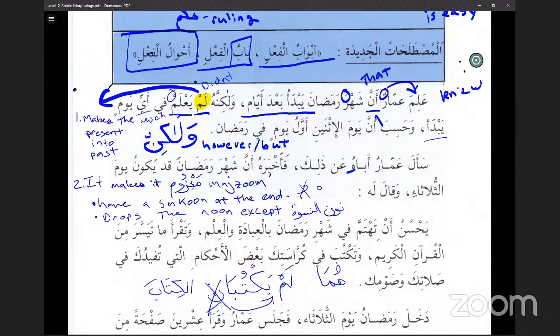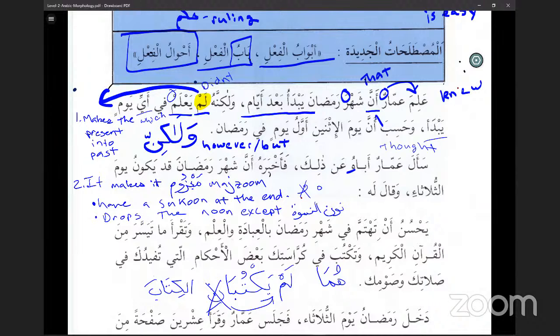So حسب means, if you remember, yani thought. You remember we did that whole exercise like حسبته, I thought he, حسبه, he thought he, like this. So حسب means thought. طيب, جزاك الله خير. وفيكم بارك الله.